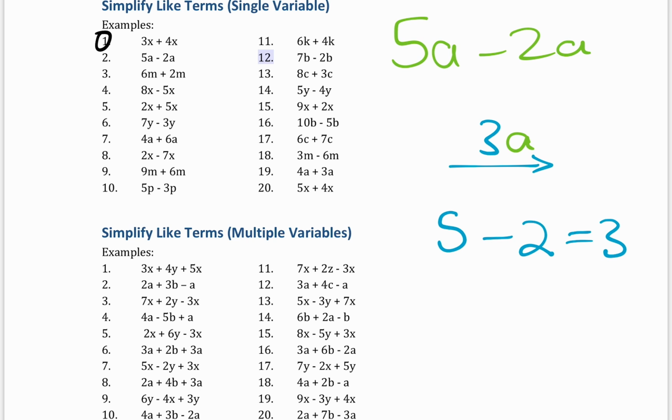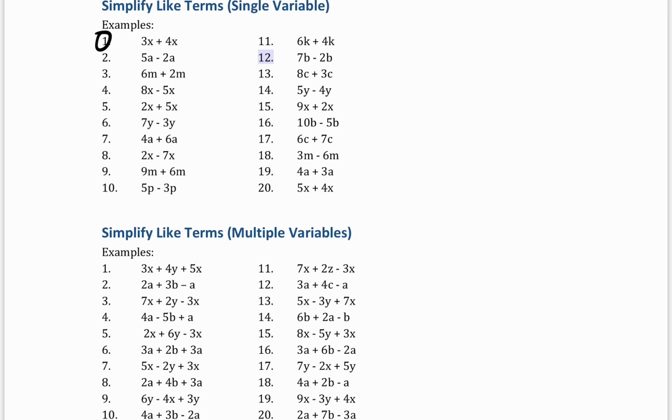And I'm going to do one with a minus, it's not in here. But let's suppose you have minus 4y plus 3y. So again, what you do, put it in the calculator. Minus 4 plus 3.